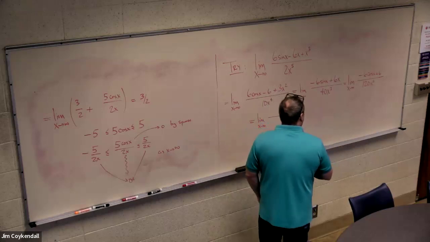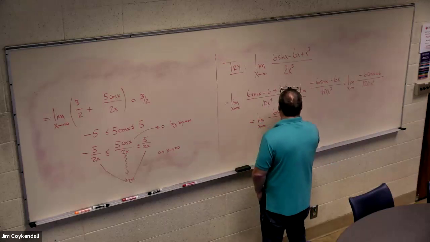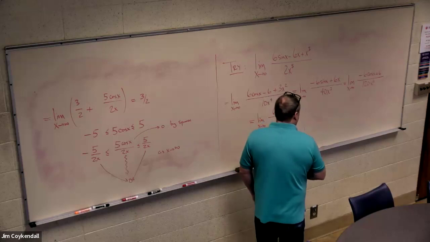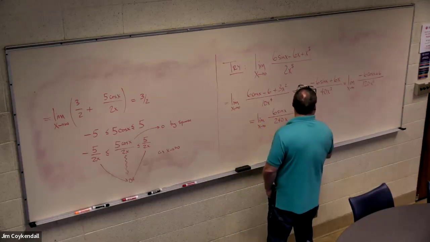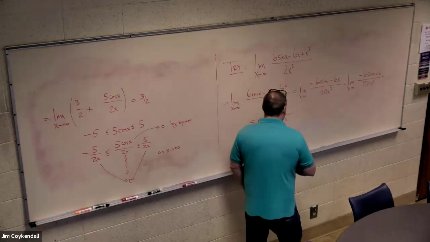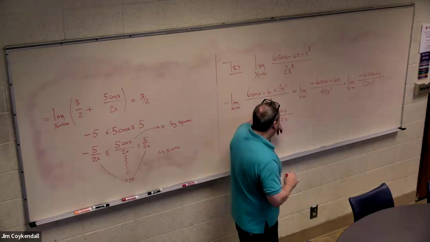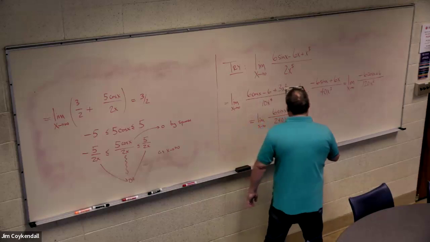Derivative of minus 6 cosine x is 6 sine x. And now finally, on the bottom I get 240x. Of course, I could pull this out, but one more limit.